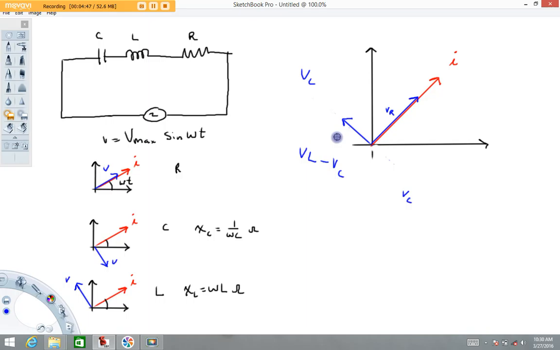All right, now what I'm going to do is move this vector to here, because that's how vectors add. They're added tip to tail. So I'm going to take this vector and just move it right to here. And now I can draw the vector sum.